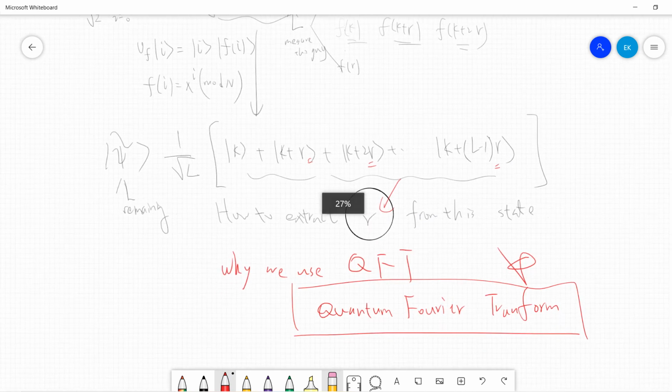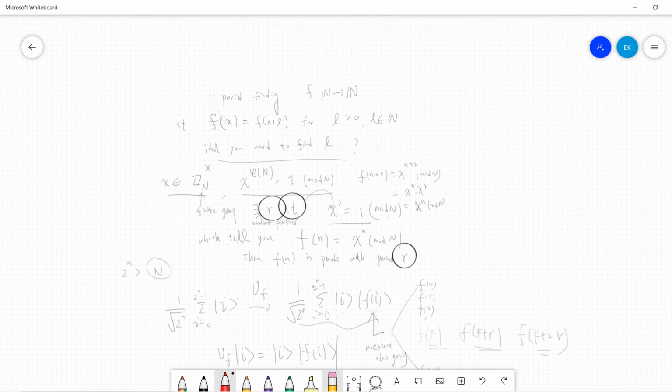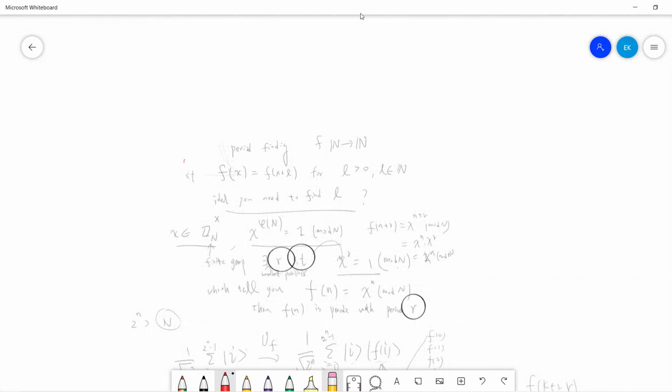Shor's algorithm is so amazing. If you do not like quantum computing but you like math, just like me, it's very amazing that this period finding problem looks simple. You just have some function and it has some period, but quantum computing can find a way to estimate this period.